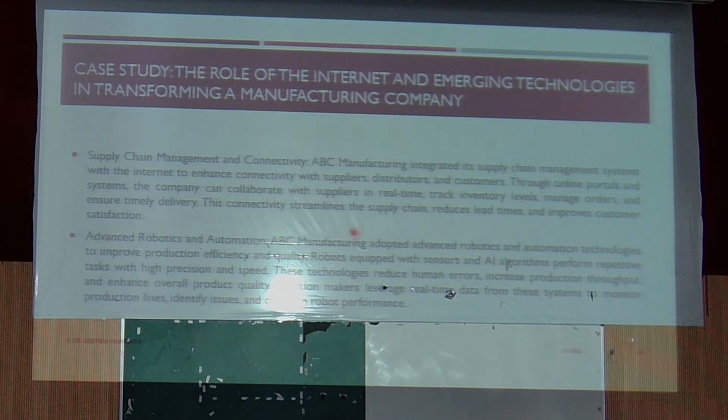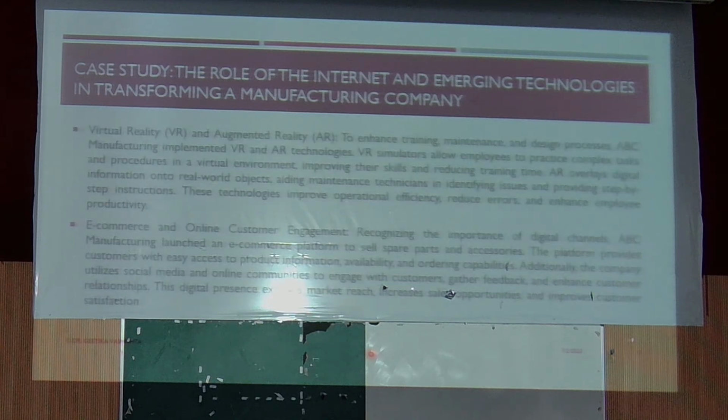So these technologies reduce human errors, increase production throughput, enhance overall product quality. Decision makers leverage real-time data from these systems to monitor production lines, identify issues, and optimize robot performance. So these are the points that you people have already picked up. I'm really happy about it.